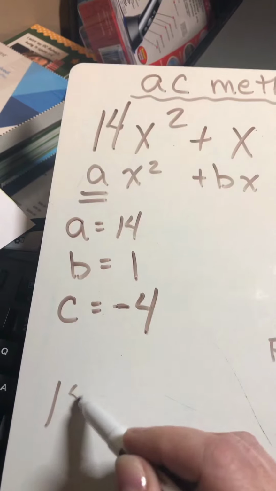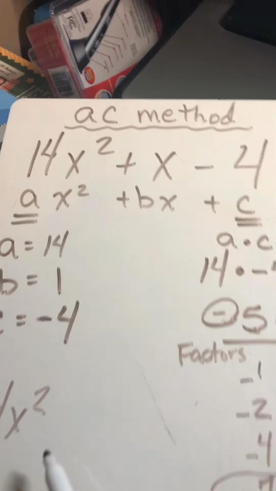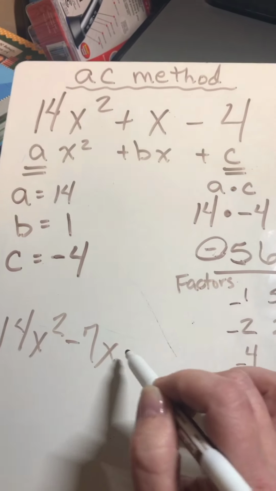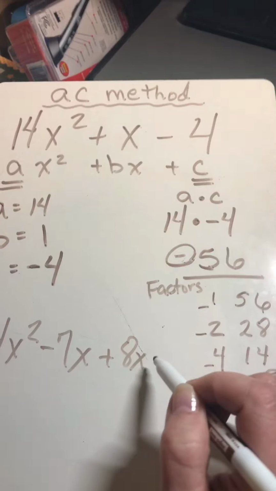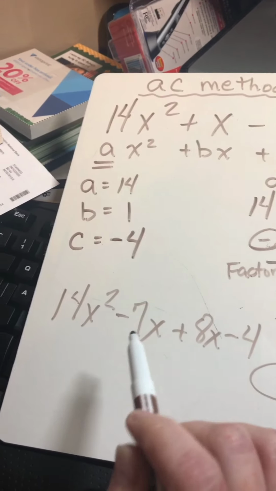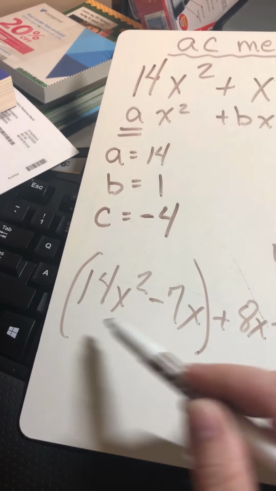So now my grouping is, my a term stays the same, 14x squared, okay? And then I've got a negative and a positive, so negative 7x plus 8x minus 4. Okay? I put my 7 here because I need these two first to group and have a greatest common factor.